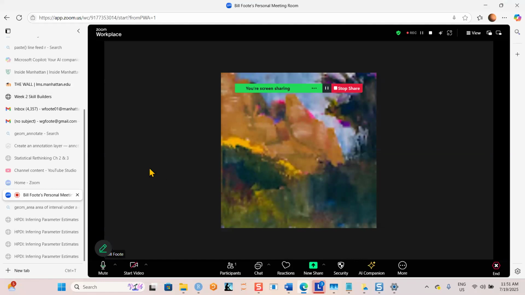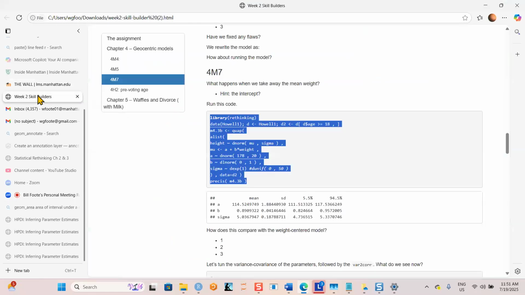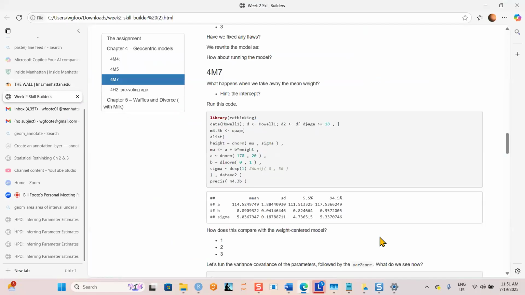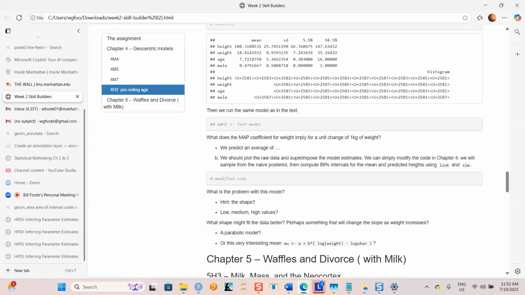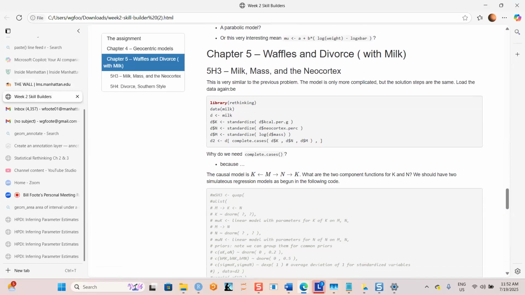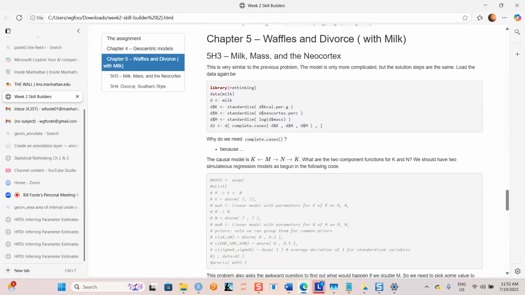Let me continue with this discussion just for a little bit. Two skill builders. And we have weight-centered models and pre-voting ages and playing with that. The milk piece, I think this mediation model, is an important development in our model building right here, right now.